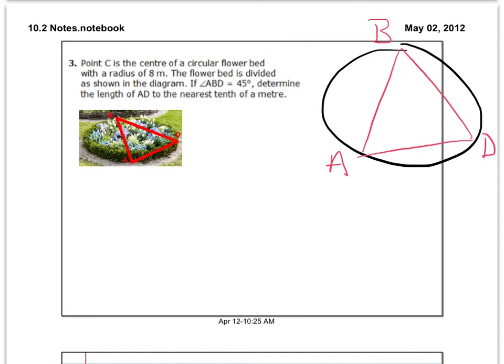So they tell you that this top angle at B is 45 degrees.